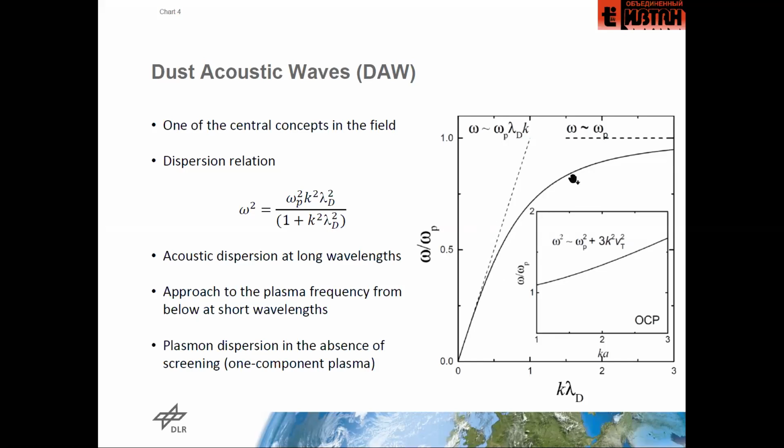And then when the wavelength decreases, the frequency approaches the dust plasma frequency. And also here in the inset, I show the dispersion relation of the one-component plasma, that is when the screening length goes to 0 and we have particles on an immobile neutralizing background. The property of this dispersion is that the frequency starts from the plasma frequency and then increases due to kinetic effects.